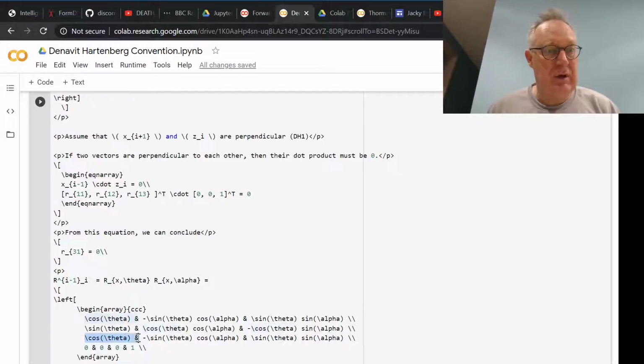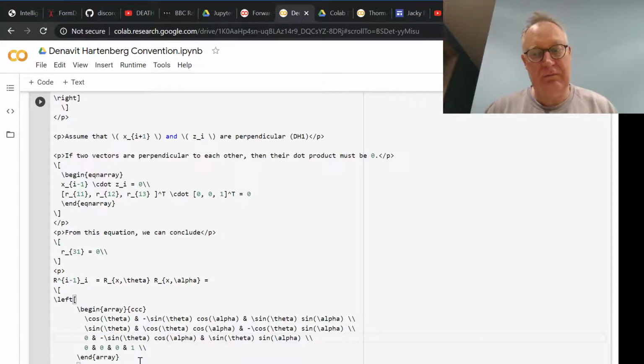Now R31, right, that's the one we already know, that must be 0.